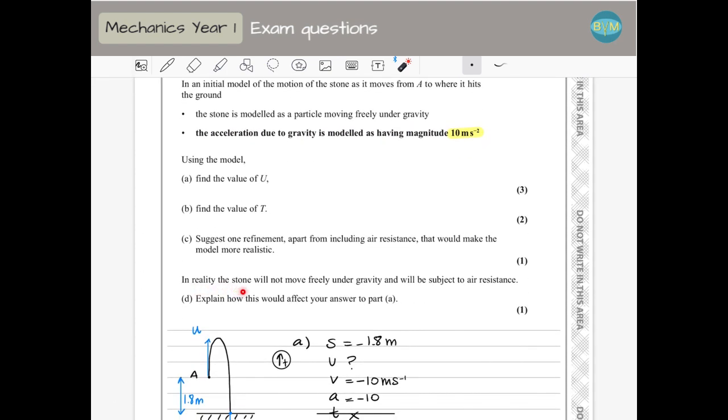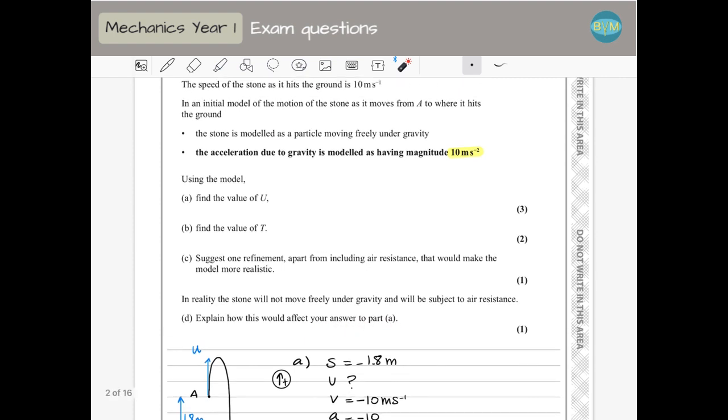Then in reality, the stone will not move freely under gravity and will be subject to air resistance. Explain how this would affect the answer to part a. This is a question that appears over and over, and you tend to make mistakes with it because you think if I have air resistance, the ball will go slower, so this velocity will be lower.